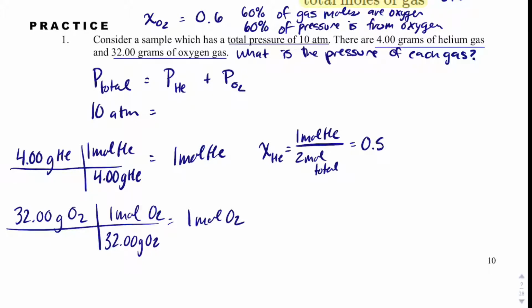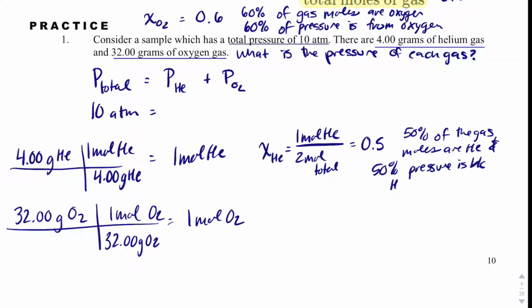So that is 0.5, meaning that 50% of the gas moles are helium and 50% of the pressure is because of helium. So what I know is that my total pressure is 10.